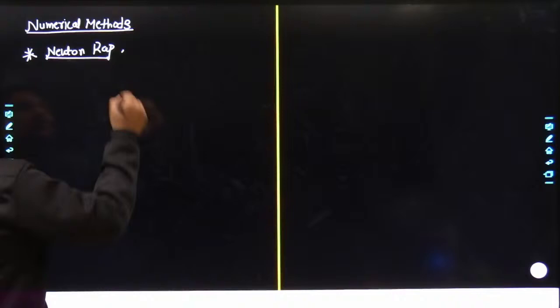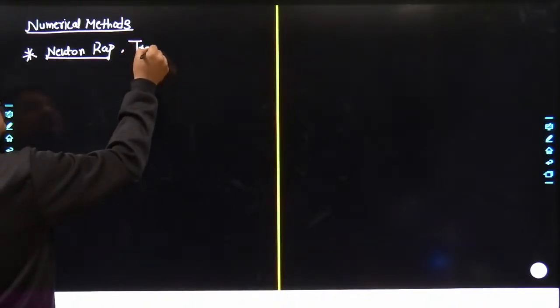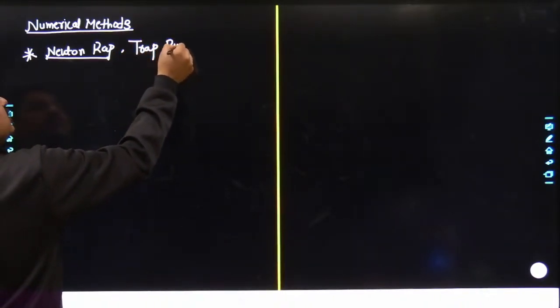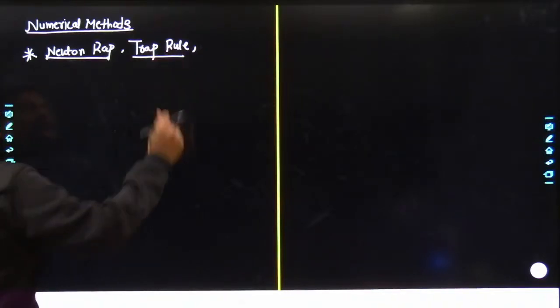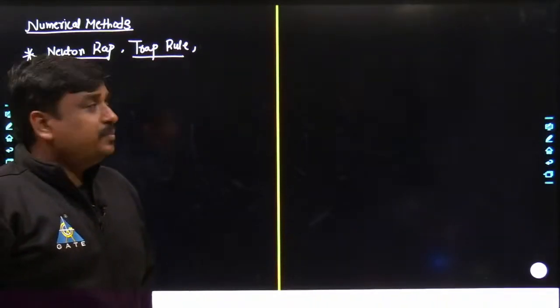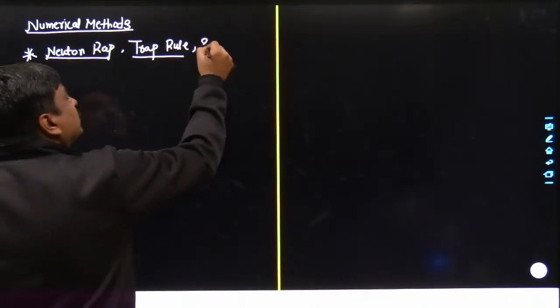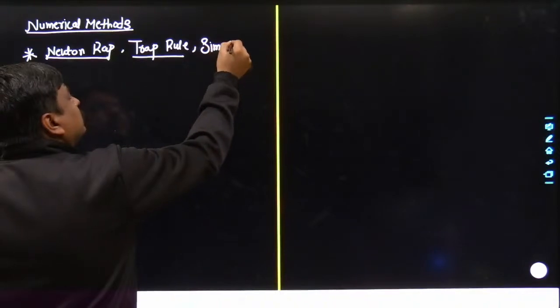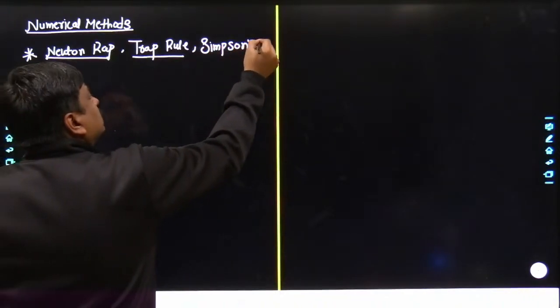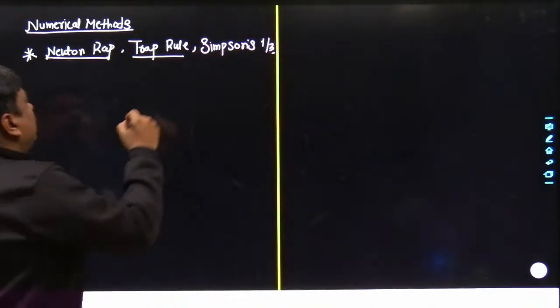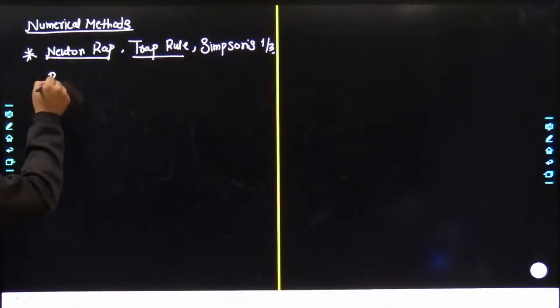Then you can focus on the trapezium rule, which is the method to solve the definite integral. Then you can focus on Simpson's one-third, and then you can focus on the Runge-Kutta order of 4.